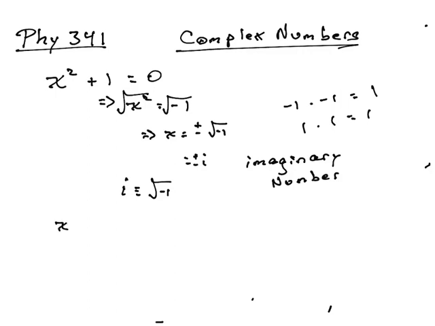Okay. And of course, there's more. Of course, you could have the equation x squared plus 2 is equal to 0. That would mean x squared is equal to minus 2. So x is equal to plus or minus the square root of minus 2. And I say, well, wait a second, what's the answer to this? Because i is the square root of negative 1.